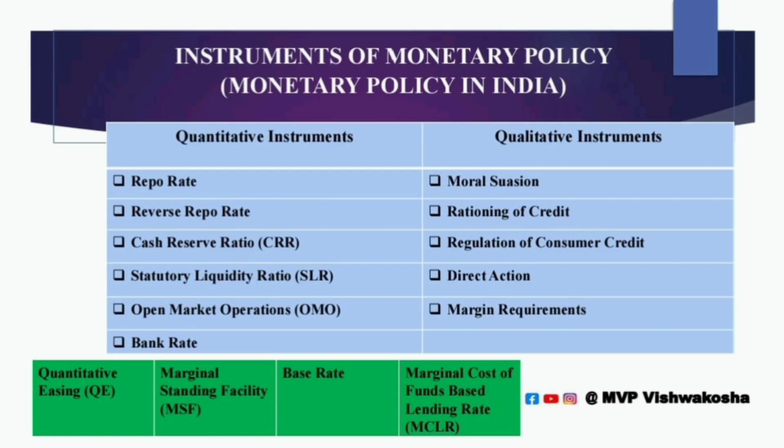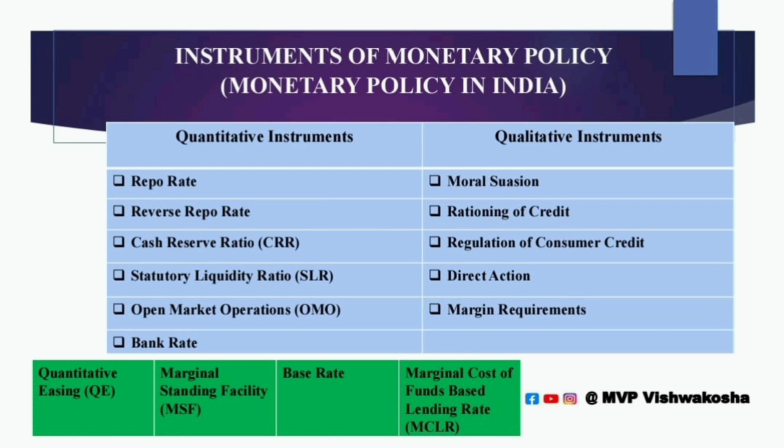Okay, next is the bank rate. Bank rate is also one tool. It is the rate at which the central bank lends to commercial banks for long-term loans. In repo rate it is short term, like 14 days, but bank rate can be long term. It may be higher than the repo rate.